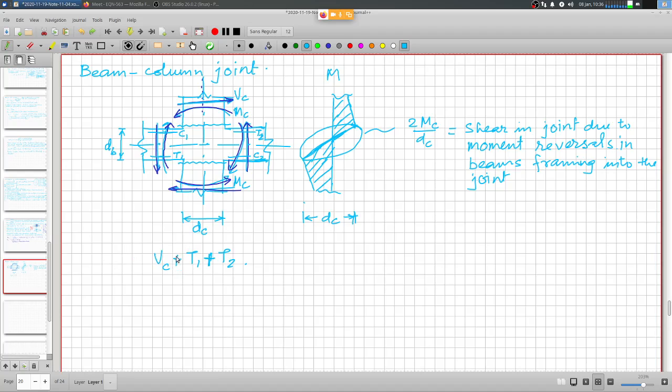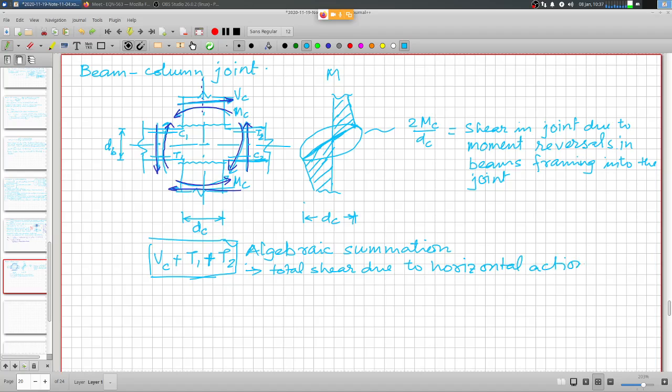Depending on, this is algebraic summation, the quantities may get added up or subtracted depending on their sense of action. So this is the shear force, and it leads to total shear due to horizontal actions.